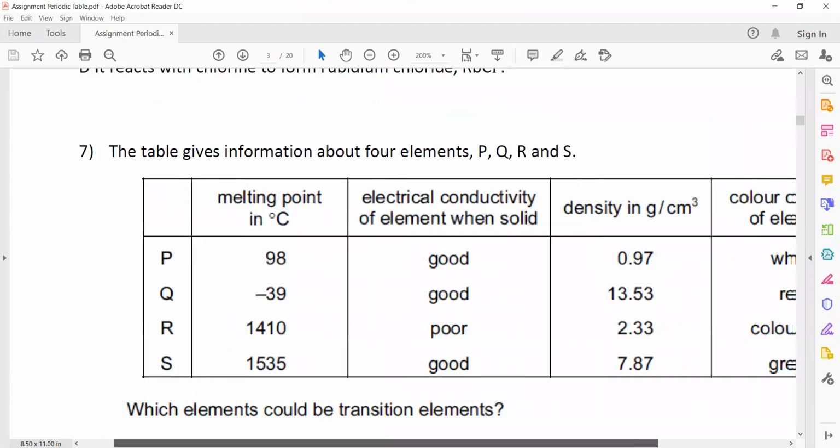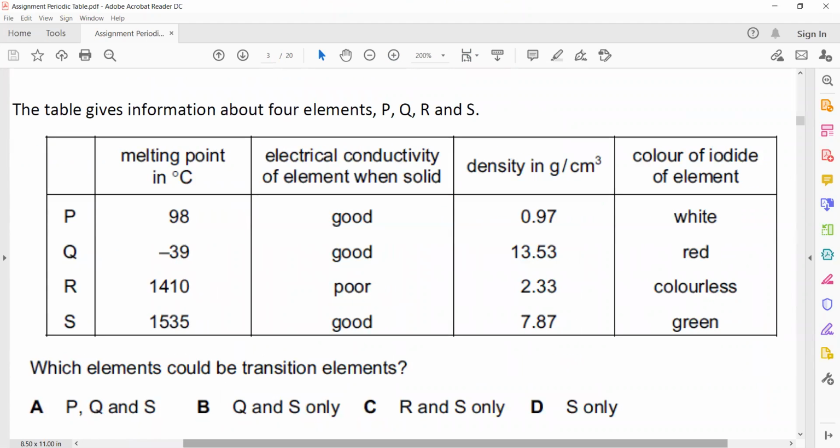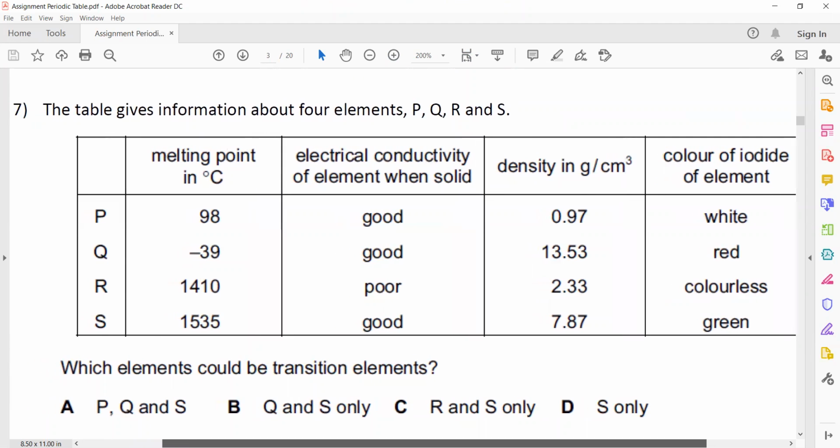Question 7. The table gives the information about 4 elements. Which elements could be transition elements?